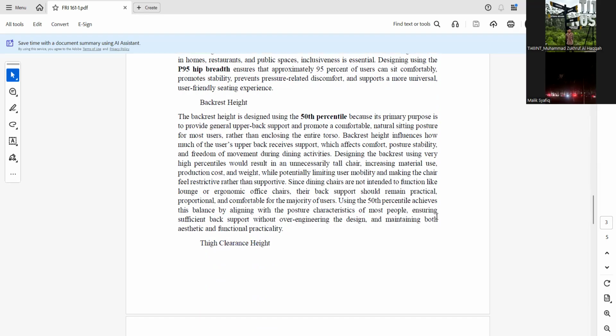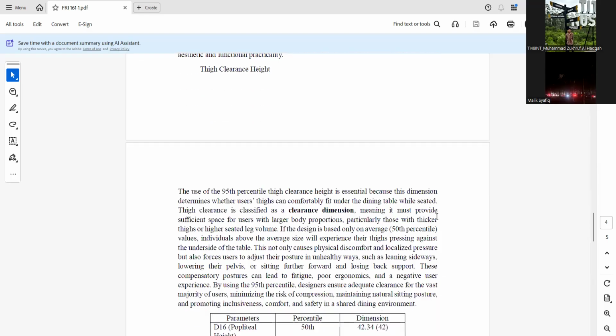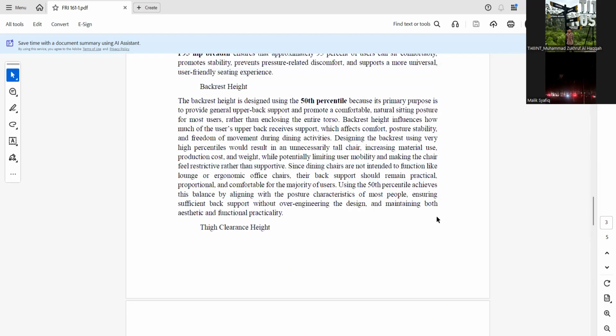Next, the backrest height. For the backrest height, we use the 50th percentile because the primary purpose of the backrest is just to provide general upper back support. So we decided to take the middle.